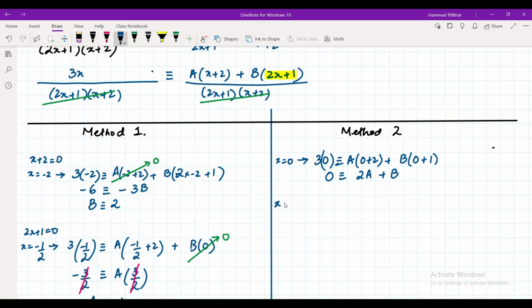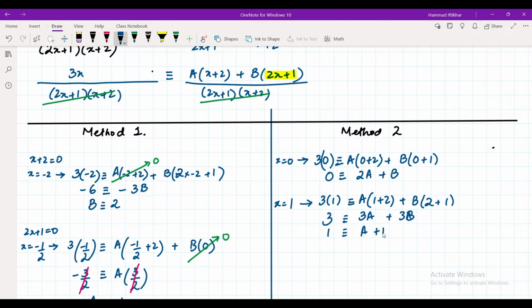And the next one could be, for example, 1. 3 times 1, a times (1 plus 2) plus b times (2 times 1 plus 1). So 3a plus 3b, which could be further simplified as a plus b equals 1.